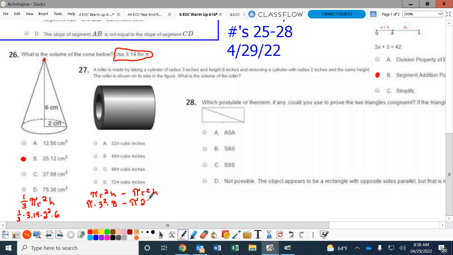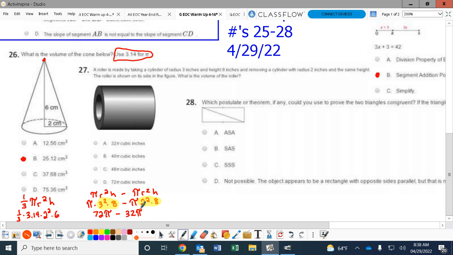2 squared times 8. So guys, your math is going to be just this part right here. It's going to be 3 squared times 8. What's that give you? 72 pi, minus what's 2 squared times 8? 32 pi.